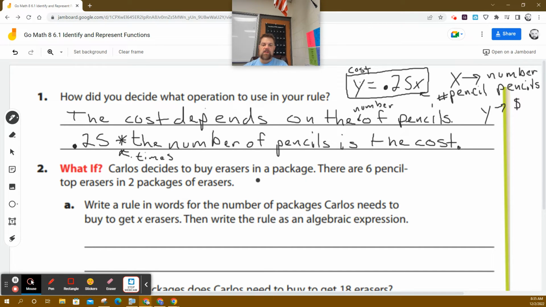Well, first of all, what they're saying is 6 erasers is equal to 2 packages, right? How do I figure out how many erasers are in a package? You divide 6 by 2. So 6 divided by 2 equals 3 erasers per 1 package.